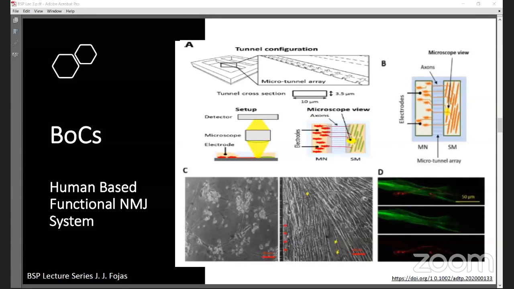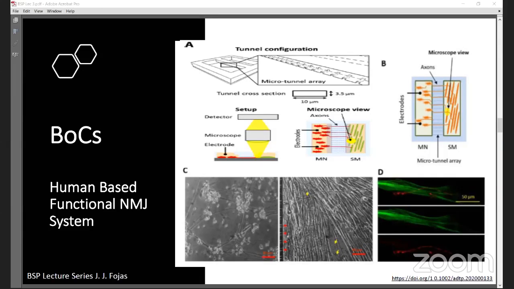In this study, a functional NMJ disease model is developed by integrating motor neurons, or MNs, differentiated from multiple ALS patients' induced pluripotent stem cells, or iPSCs. I've discussed iPSCs, I think, in a lecture before. And primary human muscle, so they also use primary human muscle in a chambered system.